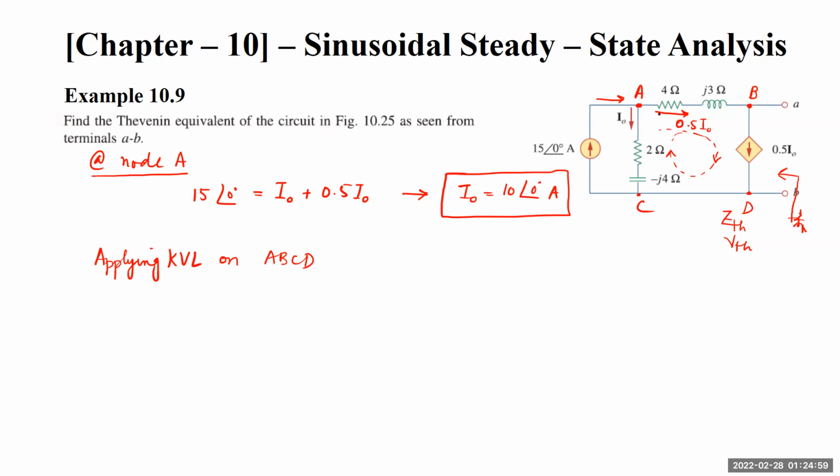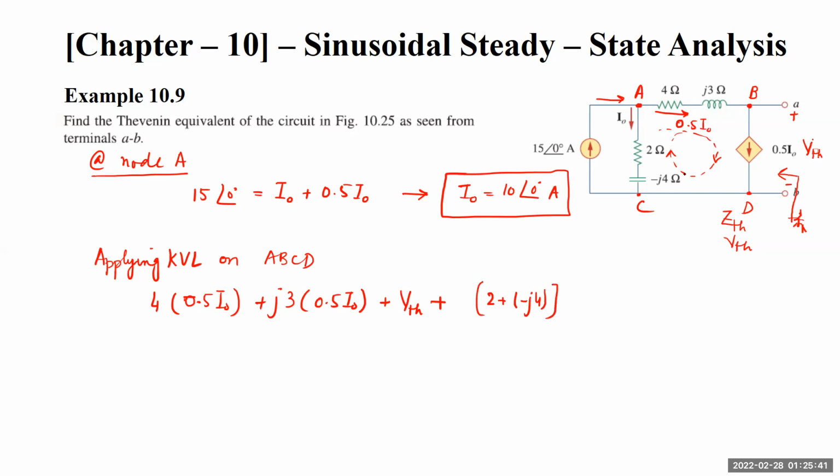What we see here is 4 into 0.5 I naught, because this is the 0.5 I naught current that is flowing, plus J3 into 0.5 I naught, plus whatever the voltage. So we have to find out V Thevenin over here. So this is equivalent to V Thevenin, plus minus 4J plus 2J.